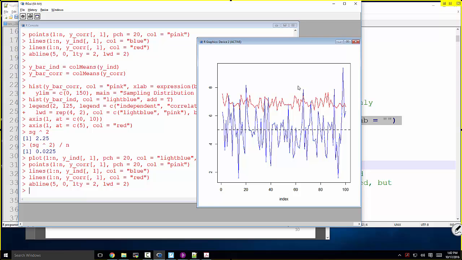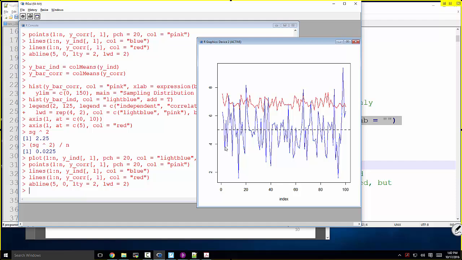So y bar here is going to be far from 5. But like I said, for every time the correlated data is situated high, it'll be situated low with a similar magnitude. On average, y bar will equal 5, but the y bars are more variable because of the correlation.